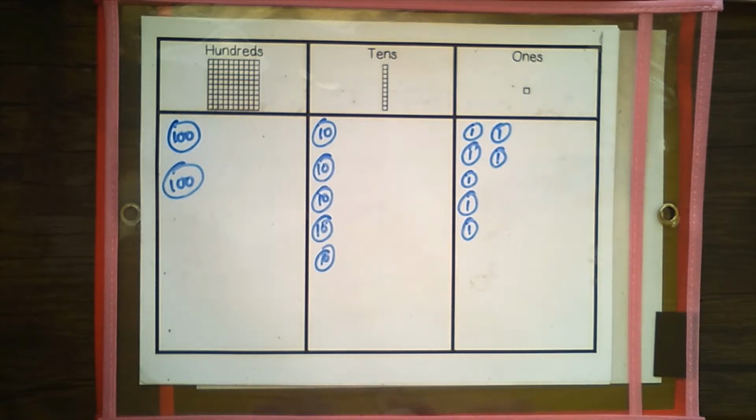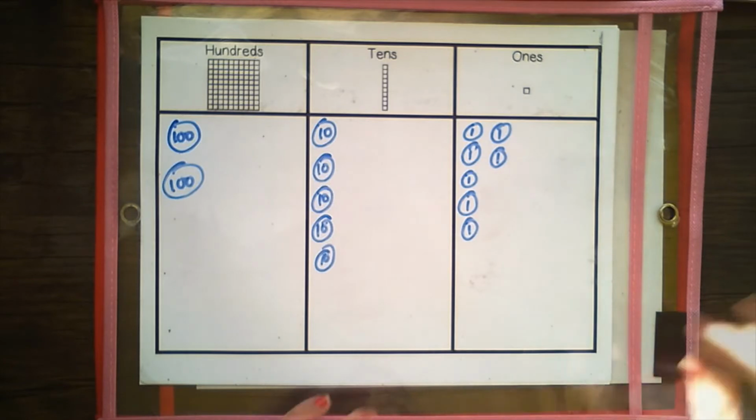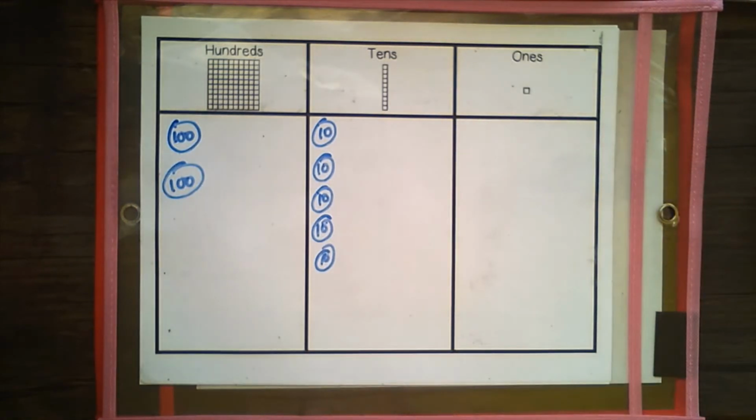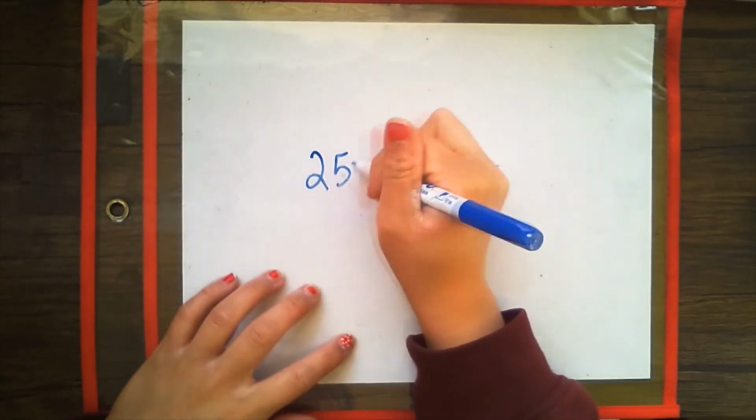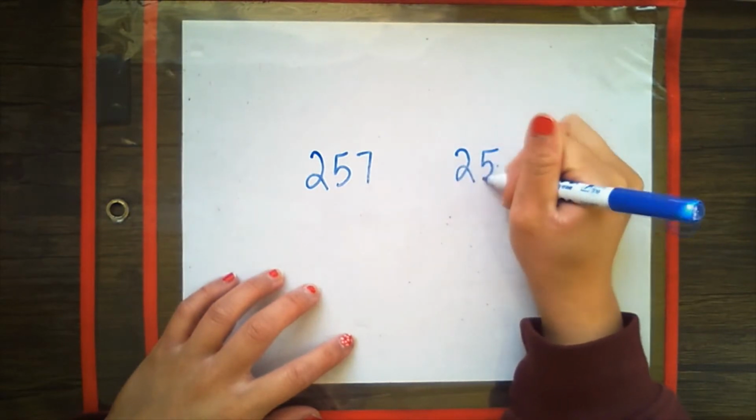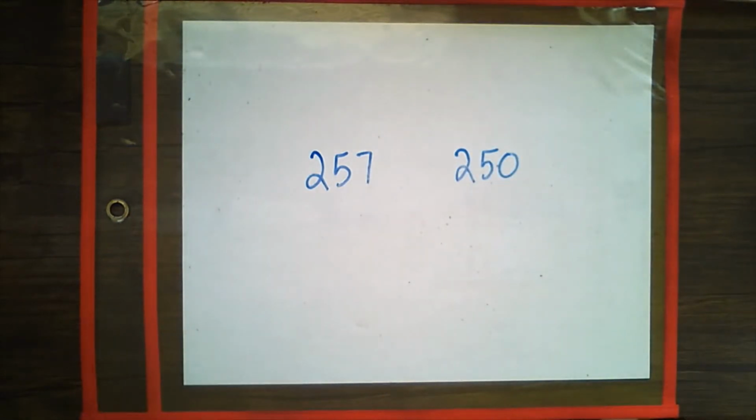Okay, now we're going to change it to show 250. Which number is greater, 257 or 250? Let's go ahead and write that down. Say it as a sentence.